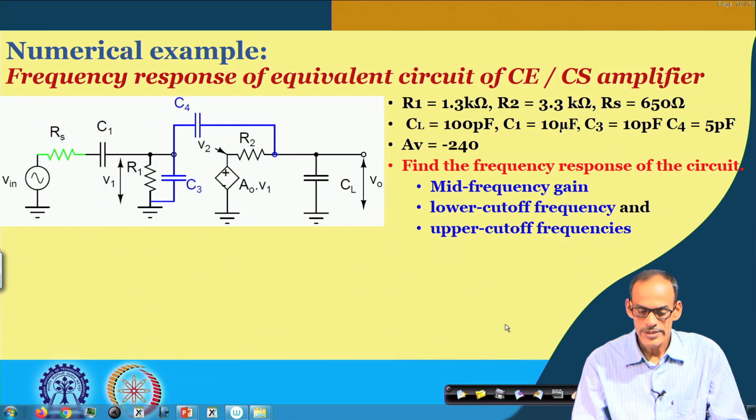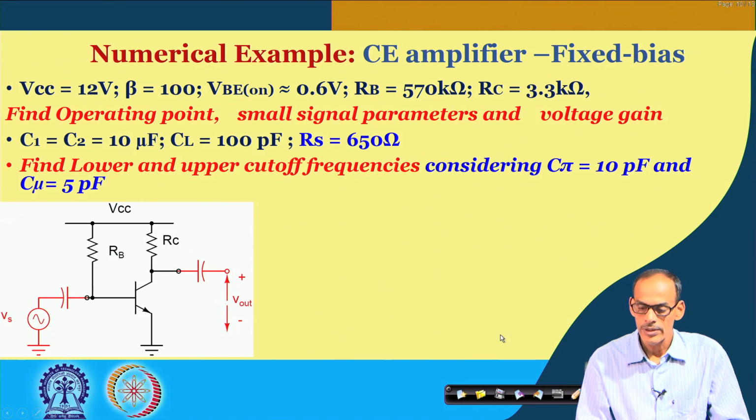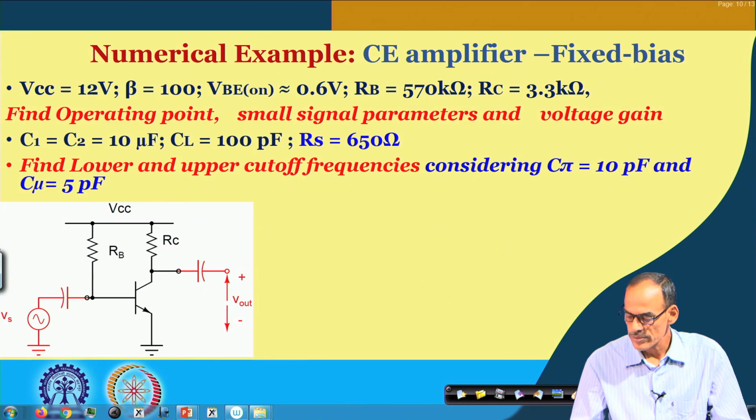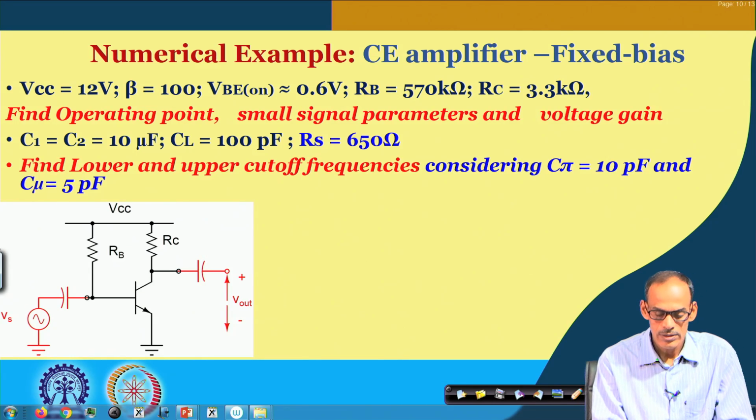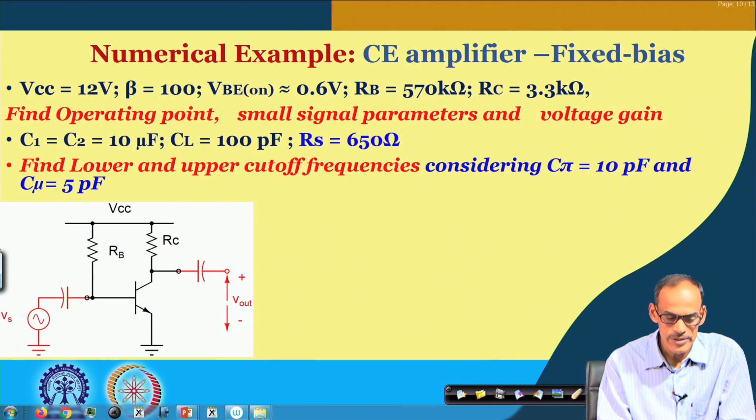In the next slide we have a CE amplifier, having a fixed bias arrangement, and the different components of the bias as well as the other values, the capacitors and all, are given here.